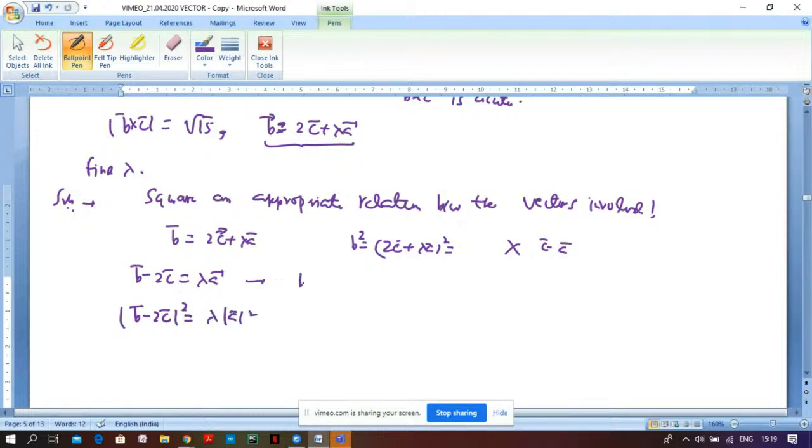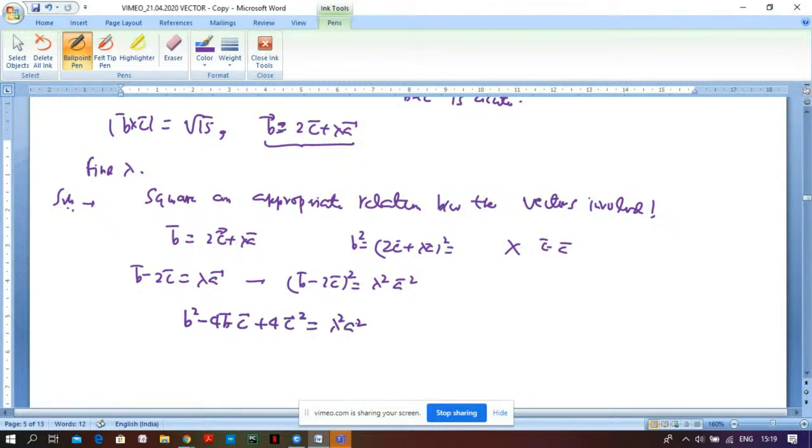Rather, we are doing this one first. b minus 2c whole square is lambda square a square. We'll just quickly work with this one because that will be good. We'll get here b squared minus 4 b dot c plus 4c squared, and that equals lambda squared a squared.